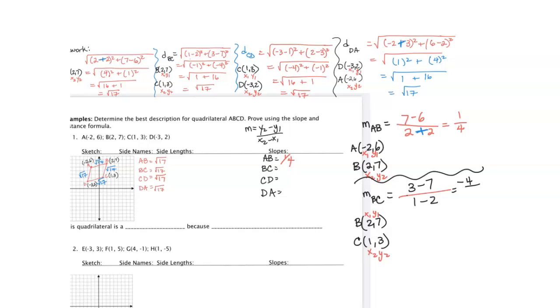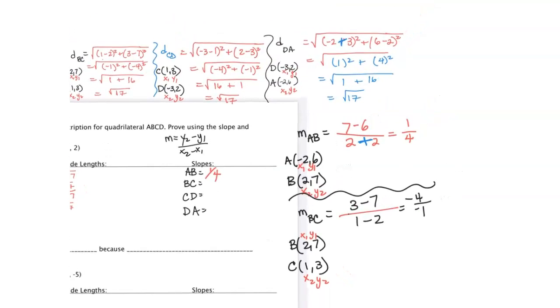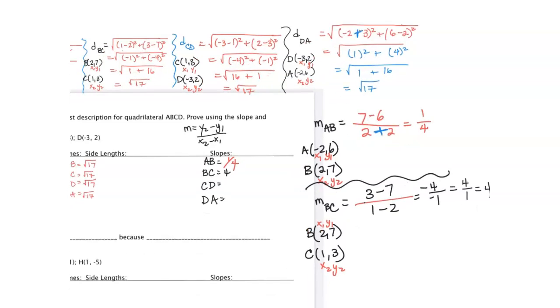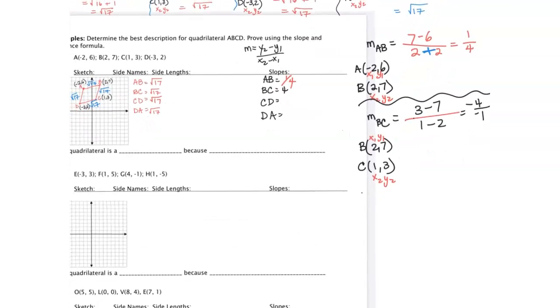And 1 minus 2 will give us a -1. Well, a -4 divided by a -1 is actually the same thing as a +4 over a +1, which is simply 4. Negative divided by negative gives us 4. So this would be a 4. Slope of BC is a 4. Continuing, we have the slope of C to D.